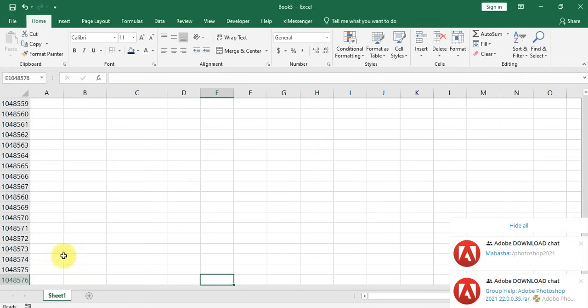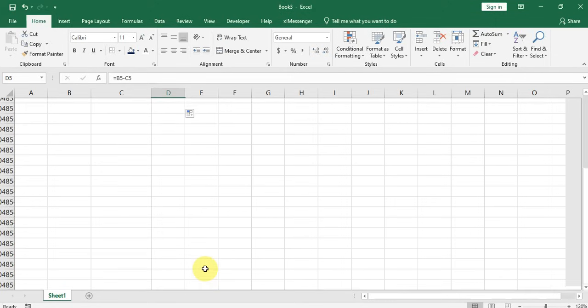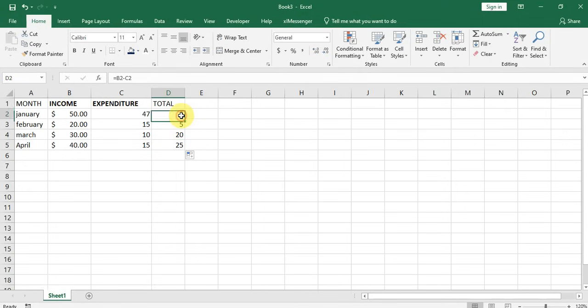It will send you to the last part, and now you can see it is 1,048,576. Wow, this is amazing. I don't know the kind of project that you work on that will reach here. So Excel is one way or the other the best software to use to store data.